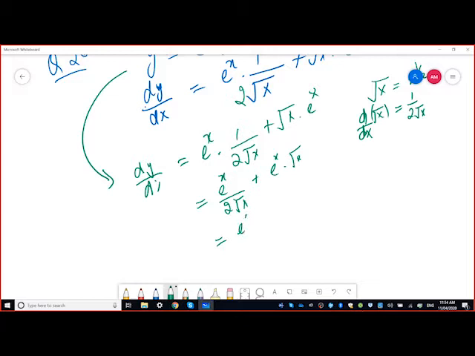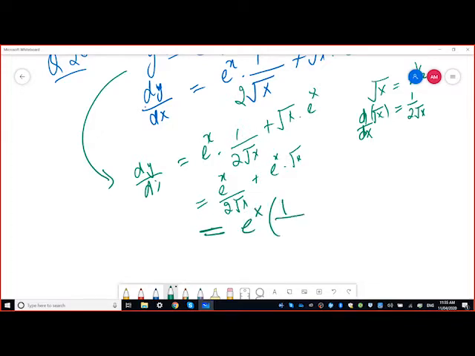And then we take e raised to the power of x common. Let me write it in a horizontal way instead of a slanting way. Let me just erase it for a minute because I am writing like this. So we take e raised to the power of x common.